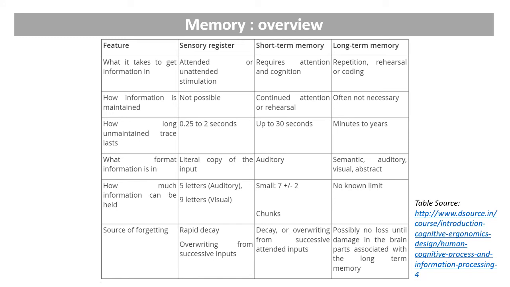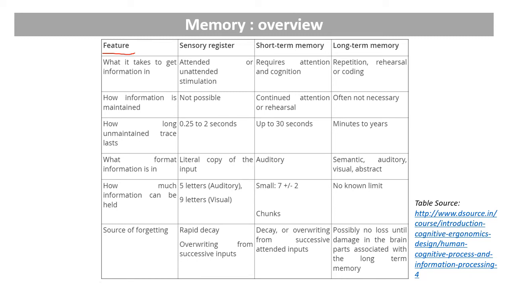Okay, so in this slide, we'll see some of the characteristic differences between sensory register, short-term memory, and long-term memory with respect to some specific aspects of the information to be stored in the memory. So here is the feature, and feature is basically some features of the information.